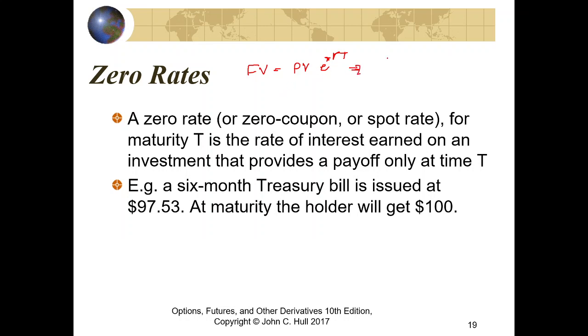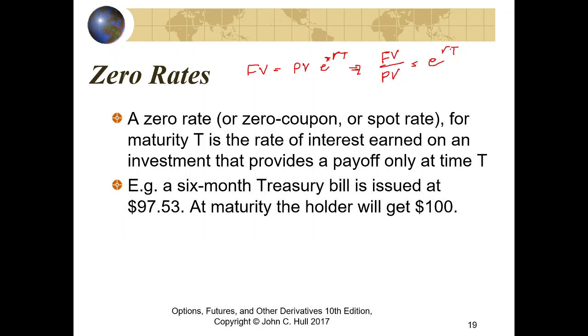So this is equivalent to the future value divided by the present value. I divide both sides by the present value, and we will get this is equal to e to the power of rt. Now the problem is that r, which is unknown for us, is the exponent of the Euler number.